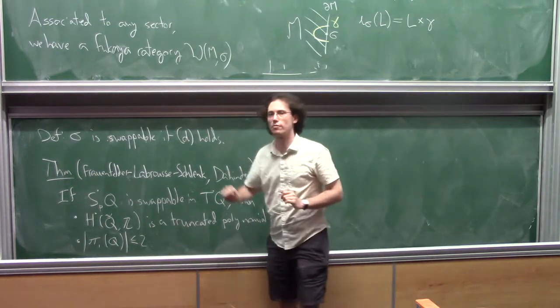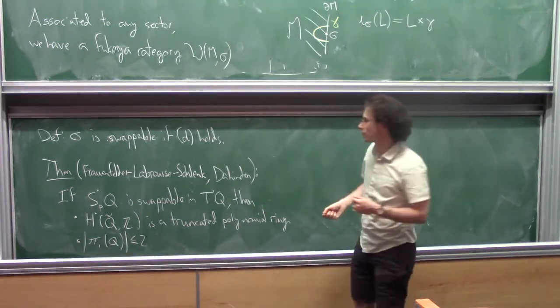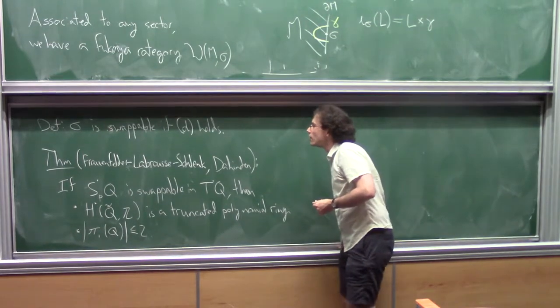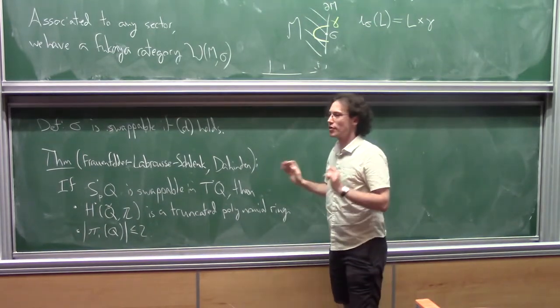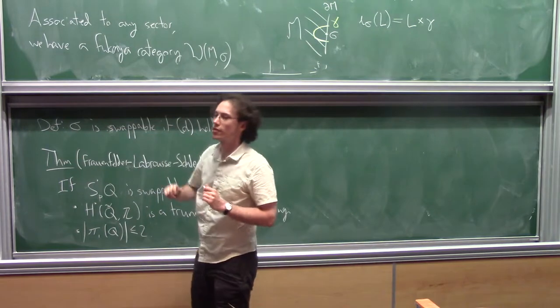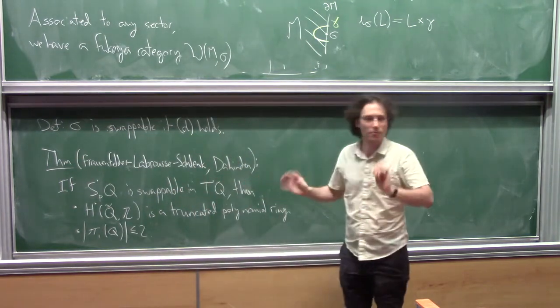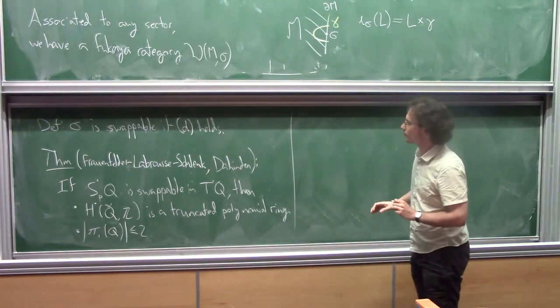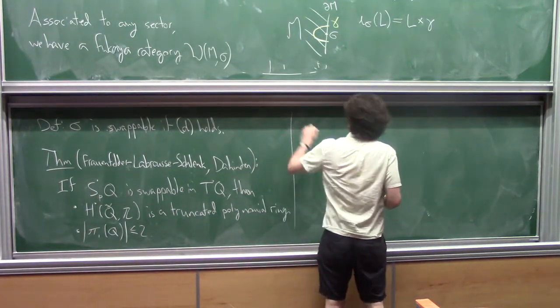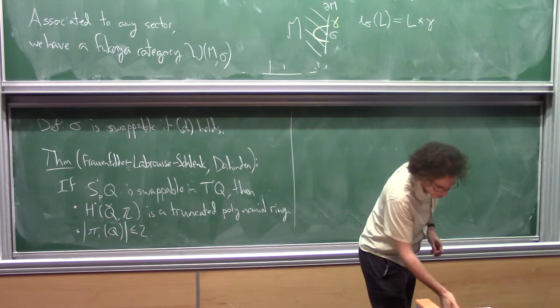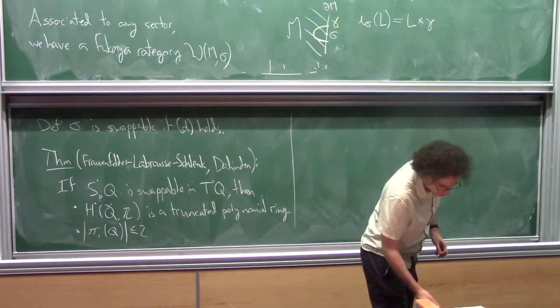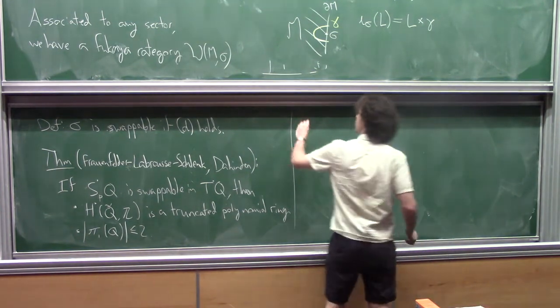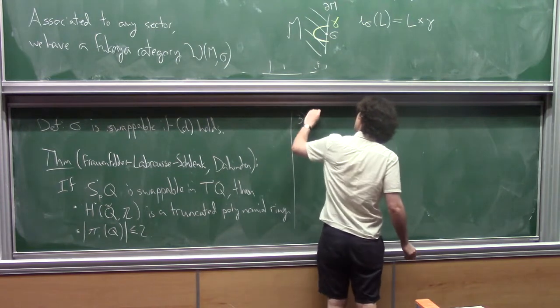Those follow from swappability of this cosphere bundle. They didn't use the language of swappability. They were considering condition C, but they're all the same. Anything else about this? All right.